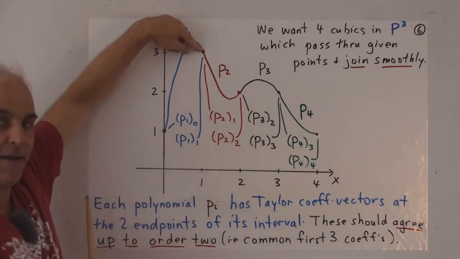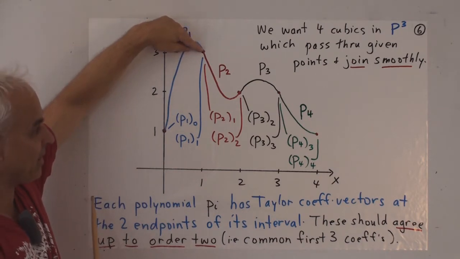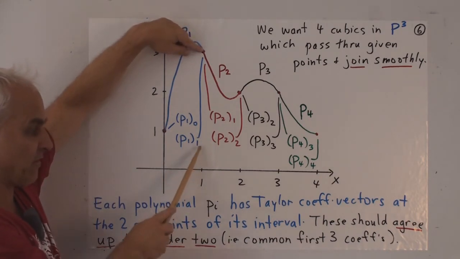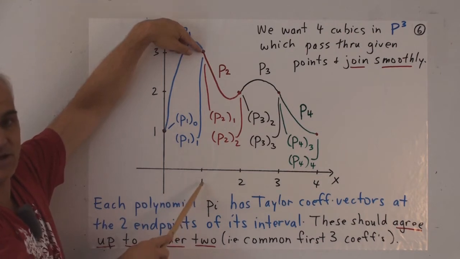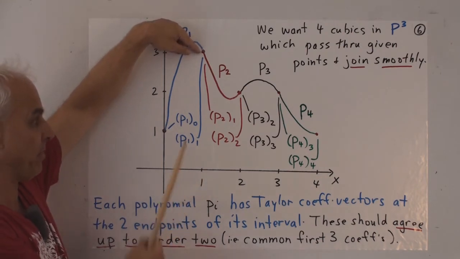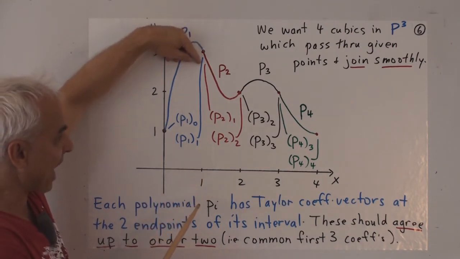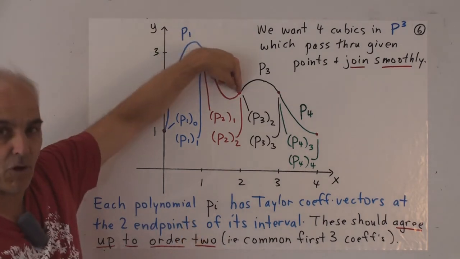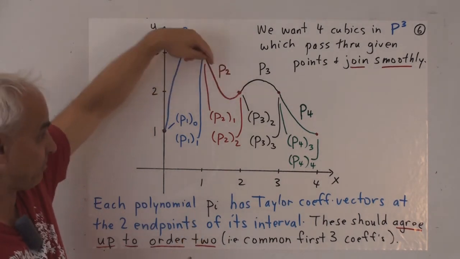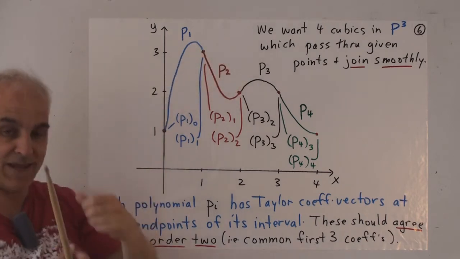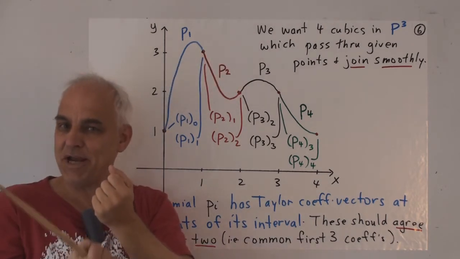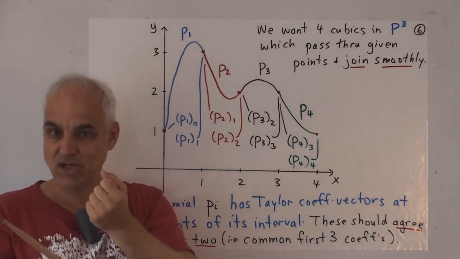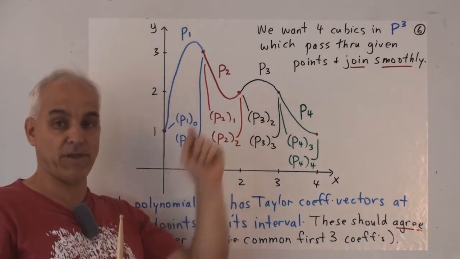the p2 one will be obtained by essentially choosing the same Taylor coefficient vector except for the last entry. The last entry will be adjusted so that the polynomial actually goes through the next control point, because p2 had better go through that point. So we've got that degree of freedom in that last coefficient to change it so that it actually goes through the point that we want it to.